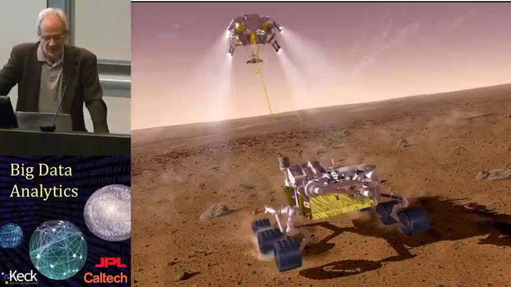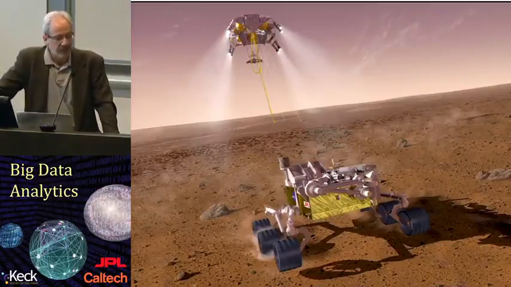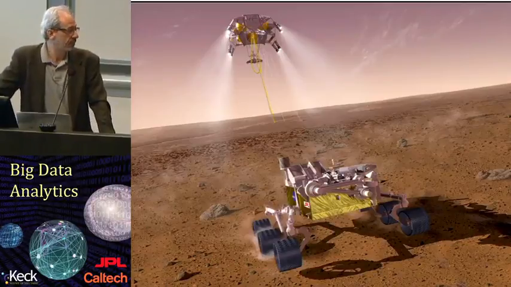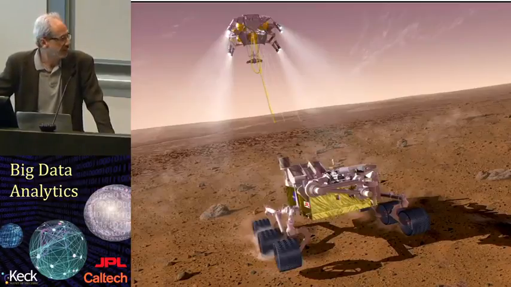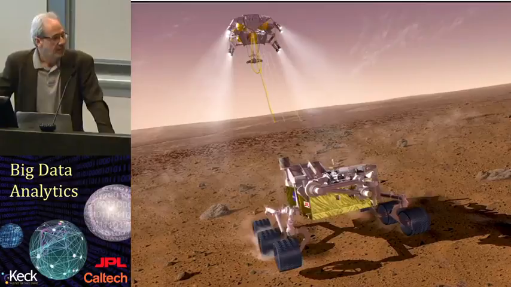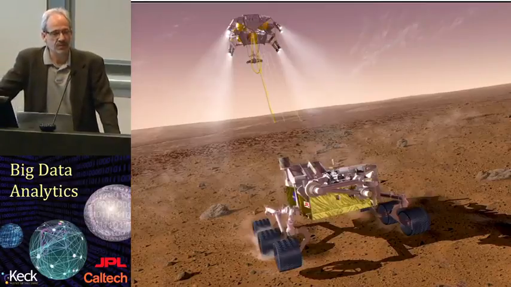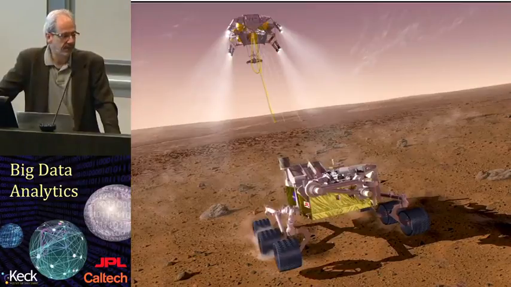Okay, so here's a nice image of Curiosity landing on Mars. I think you'll all recall that a little more than a year ago, we landed Curiosity successfully on Mars, and that was a huge challenge. We did it in those 7 minutes of terror, and part of the challenge in doing that successfully was validating the techniques for safe landing on Mars, which involved processing lots of test data even before launch.